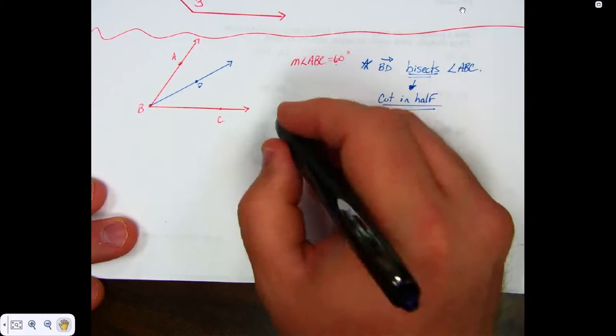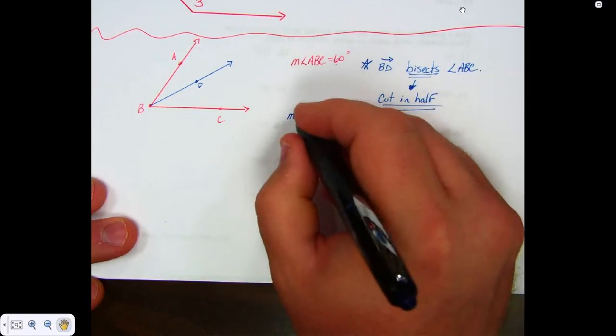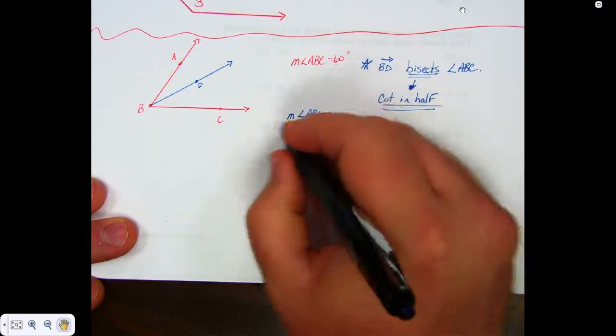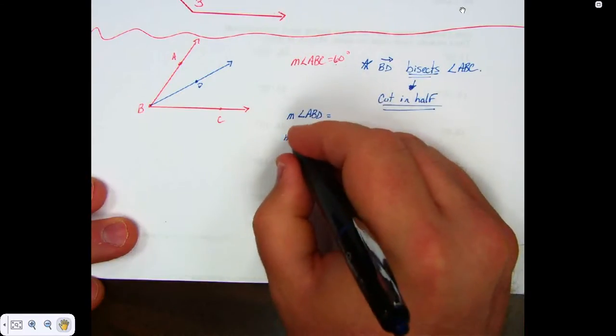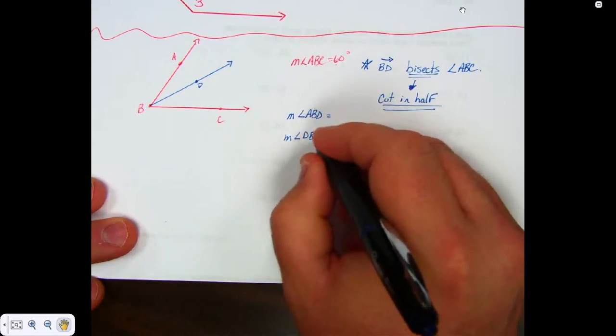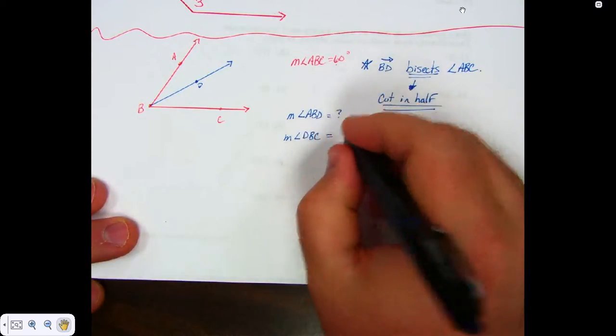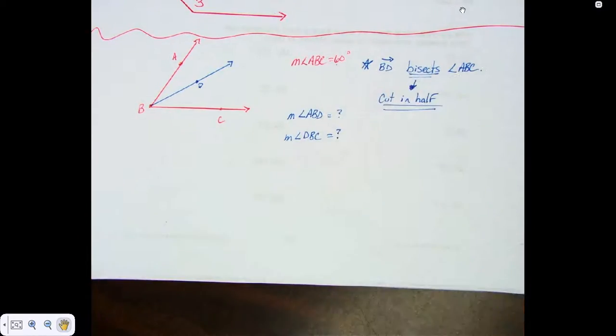So, my question to you guys is, what is the measure of angle ABD equal to, and what is the measure of angle DBC equal to? 30 and 30 degrees. Could be right.